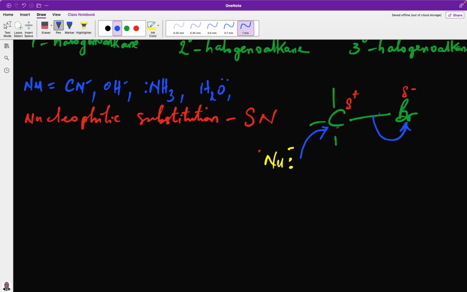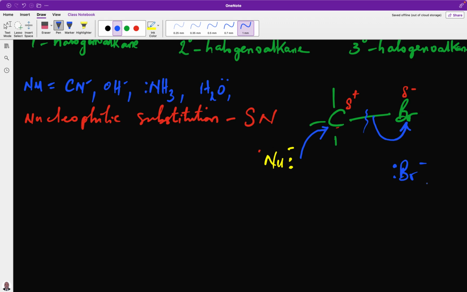This results in heterolytic fission, with bromine ending up as the bromide ion with the lone pair of electrons, and the bond splits. The curly arrows indicate the movement of the lone pair of electrons on the nucleophile, and the movement of the bonding electrons to bromine. The bromide ion that finally cuts off from this carbon-bromine bond is what we call the leaving group.